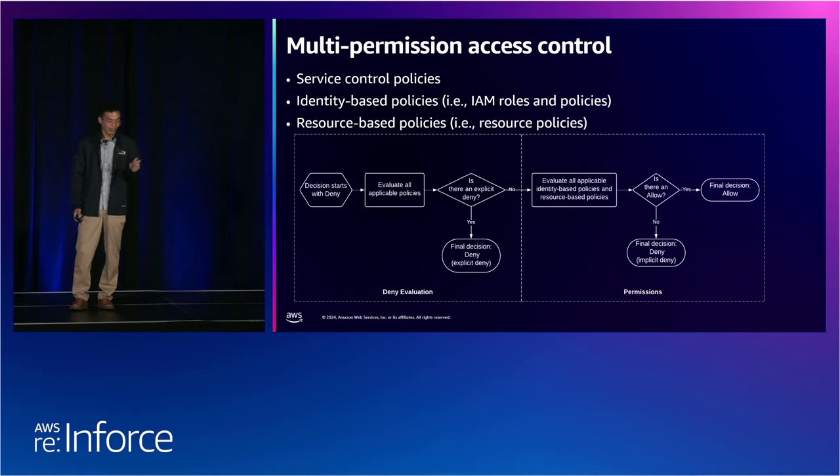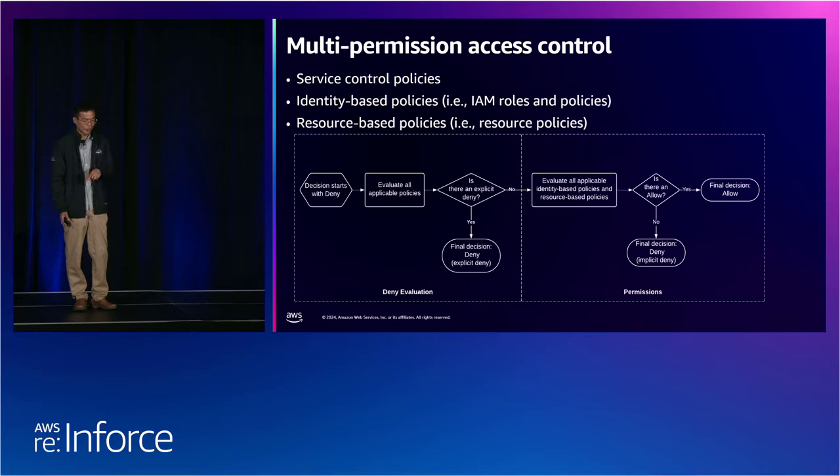And here is why. Look at how the diagram shows how AWS evaluates all these three policies together, right? So it goes through two phases. First phase is deny evaluation. For the service control policy, you're going to look at what deny policy appears in that.